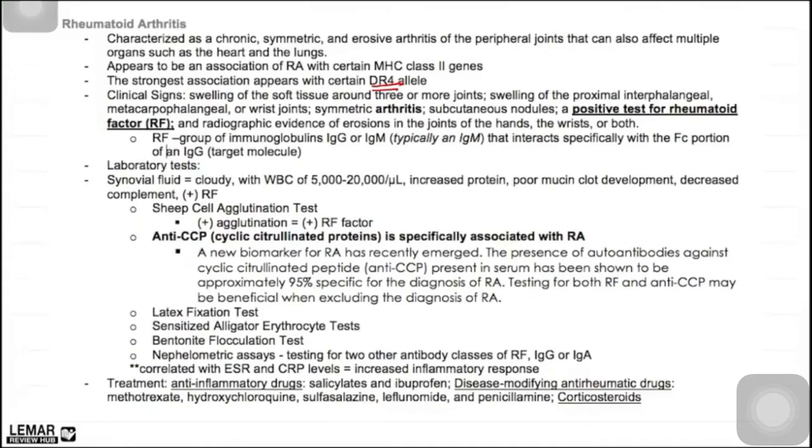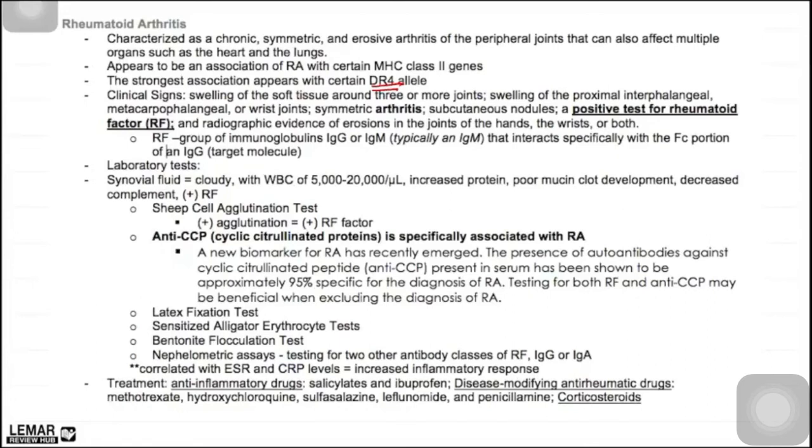Clinical signs of rheumatoid arthritis involve swelling of the soft tissue around three or more joints, swelling of the proximal interphalangeal, metacarpophalangeal or wrist joints, symmetric arthritis, subcutaneous nodules, a positive test for the rheumatoid factor or RF, and radiographic evidence of erosions in the joints of the hands, wrist, or both.